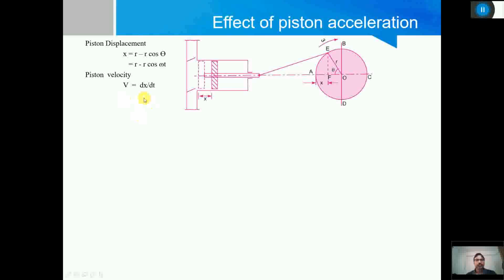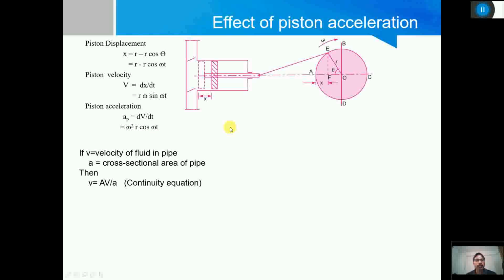So piston velocity, that is nothing but dx upon dt, is r omega sin omega t. Then piston acceleration we can calculate by differentiating the piston velocity, so omega square r cos omega t.